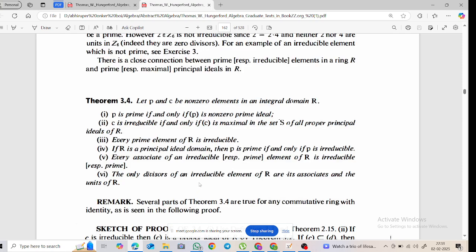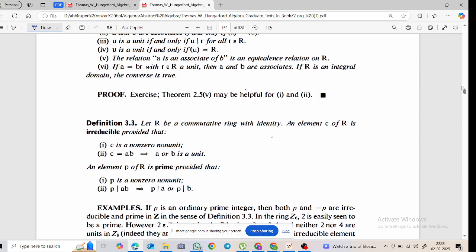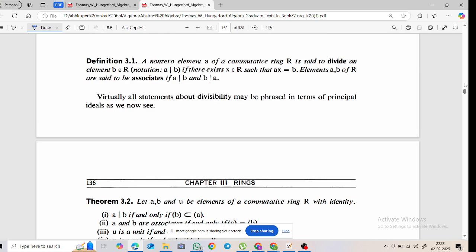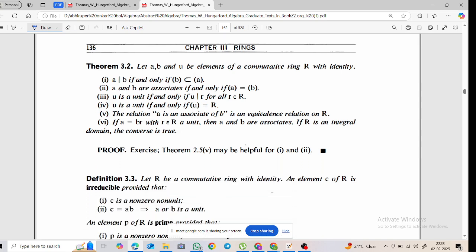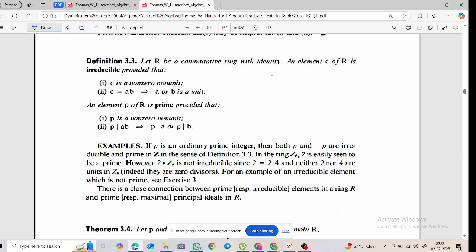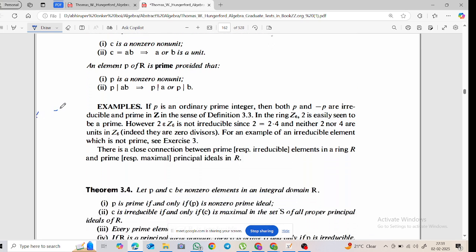Like a prime to divide. So I think we gave an example of a prime element which is not irreducible, and an irreducible element which is not prime, right? Yes, this was the example. This was a very useful example.